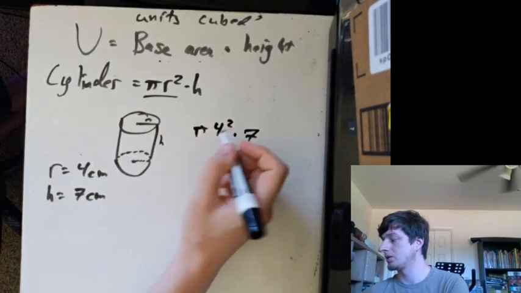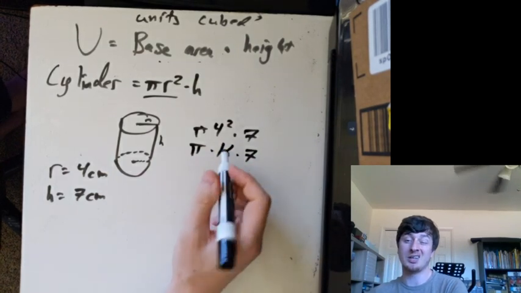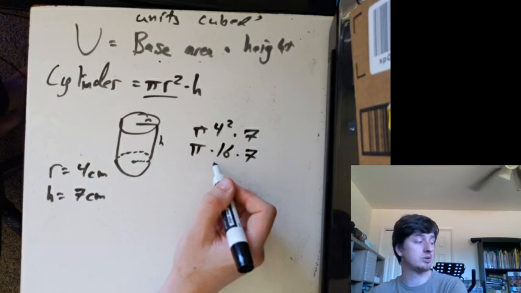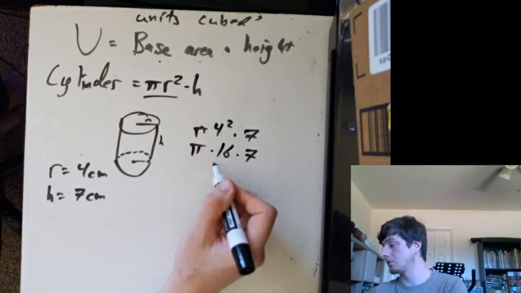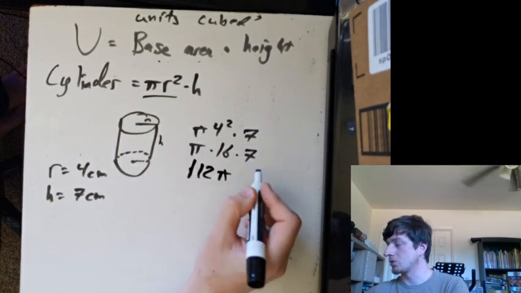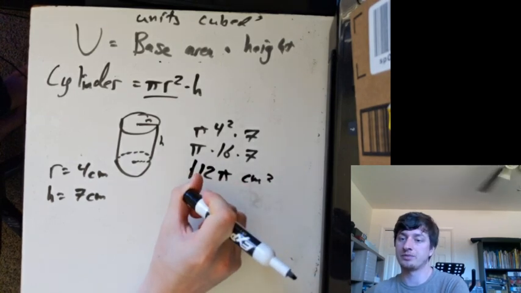This is pi times 16 times 7, which is 70 and 42, 112 pi centimeters cubed. And then you can put this in a calculator if you want to, but it's going to go on forever.